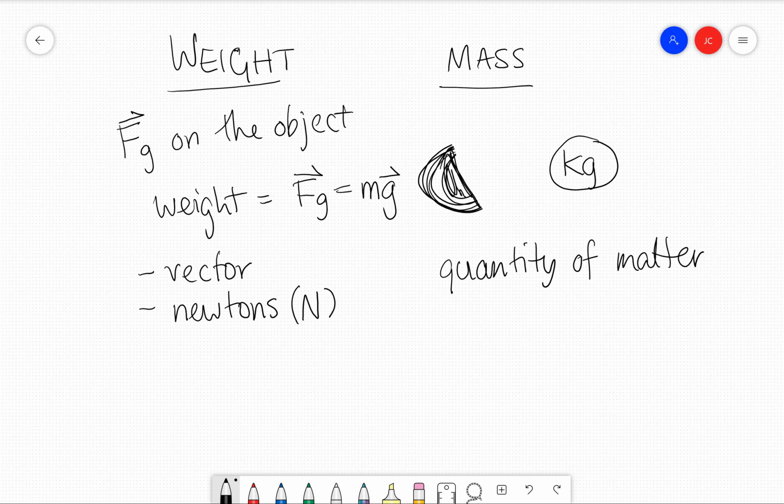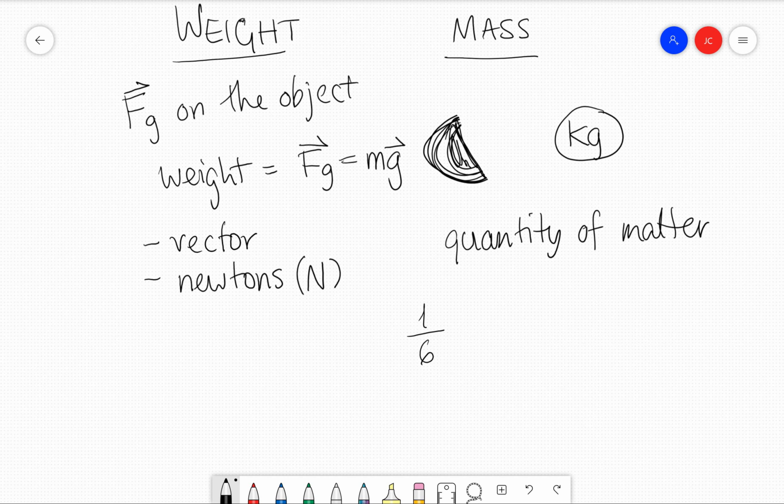Whereas the weight can change because the gravitational force on the moon, for instance, is about 1/6 of Earth, which means that everything weighs less. Weight is always relative not only to the mass of the object, but also to the force of gravity.